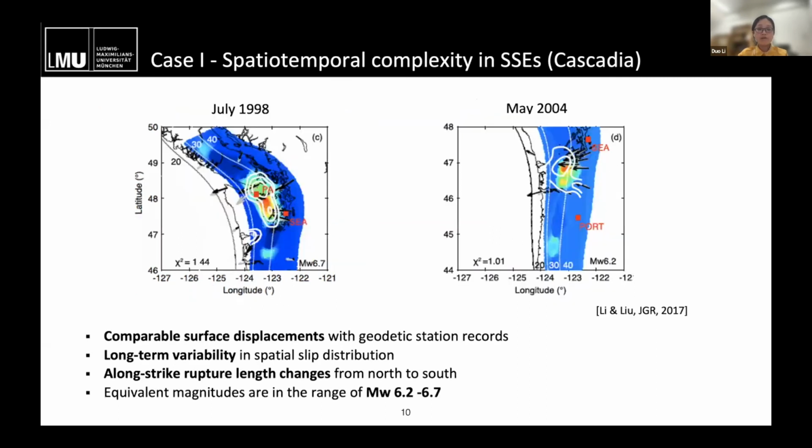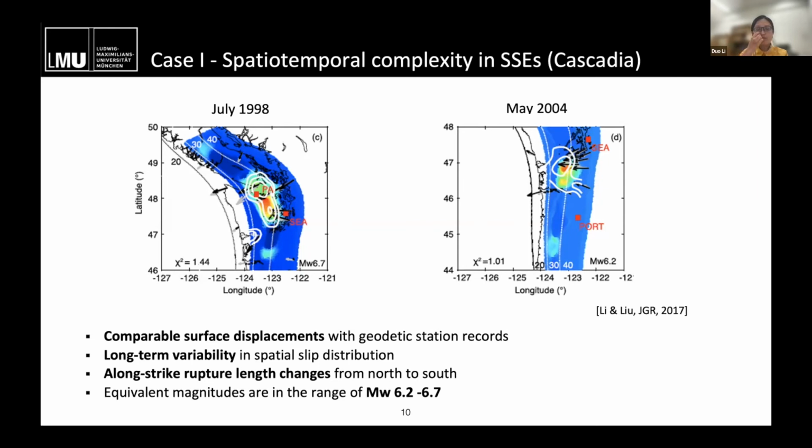We also compare 2 episodes of slow slip in northern Cascadia and southern Cascadia. The color is the fault slip, and the gray and black areas are the synthetic and observational data.